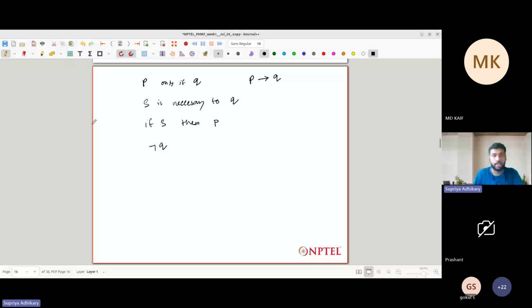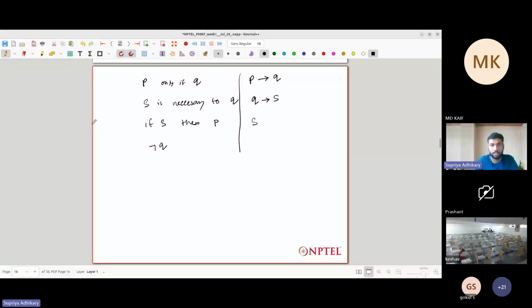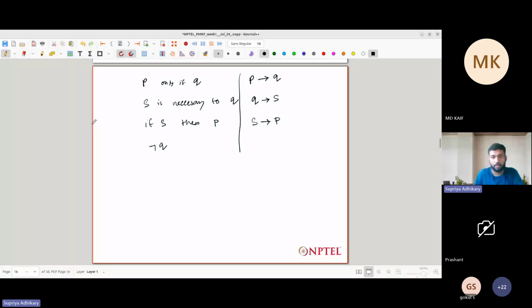Now over here, S is necessary for Q. So S is necessary for Q means Q implies S. So S is the necessary condition over here, not Q. And if S, then P. And finally, we have negation of Q.